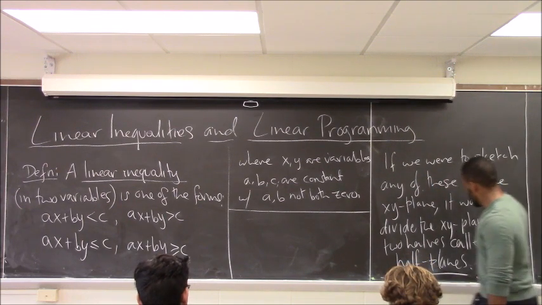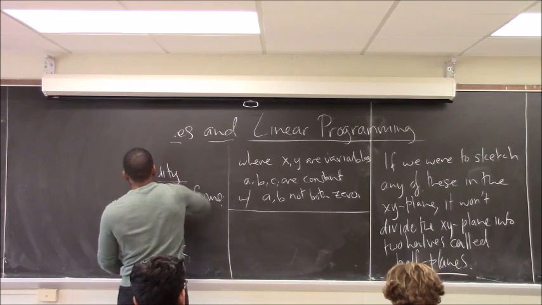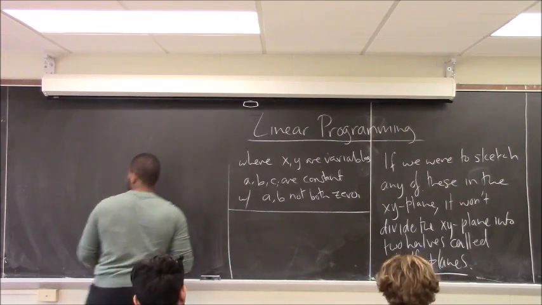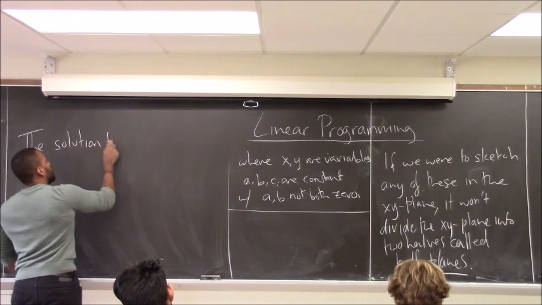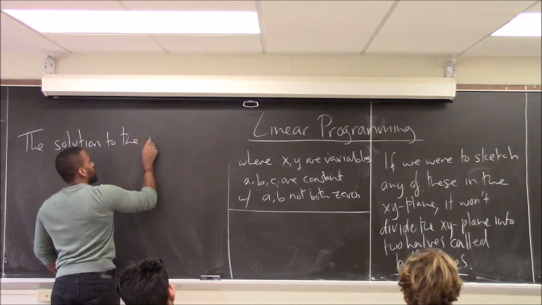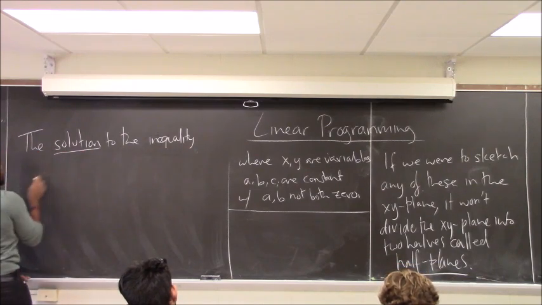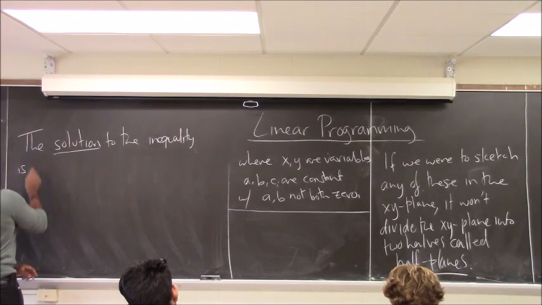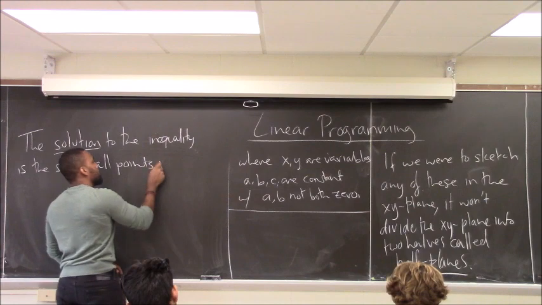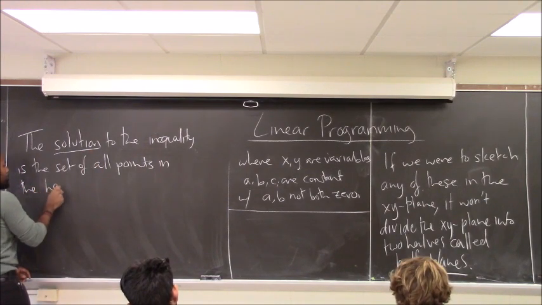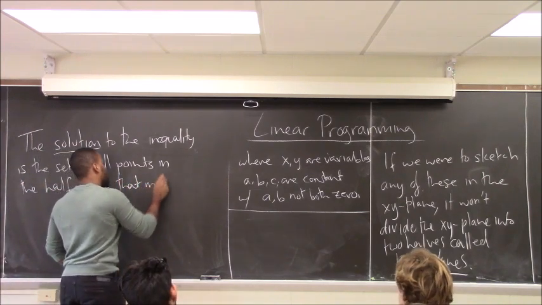If you sketch a linear inequality, you will divide the plane into two parts. Each part is called a half plane. And the solution to the inequality is the set of all points in the half plane that makes the inequality true.